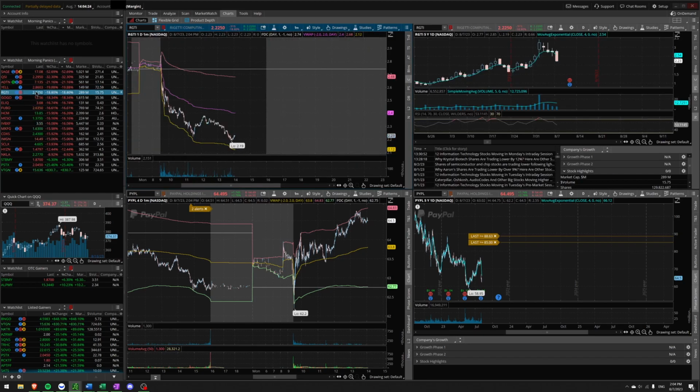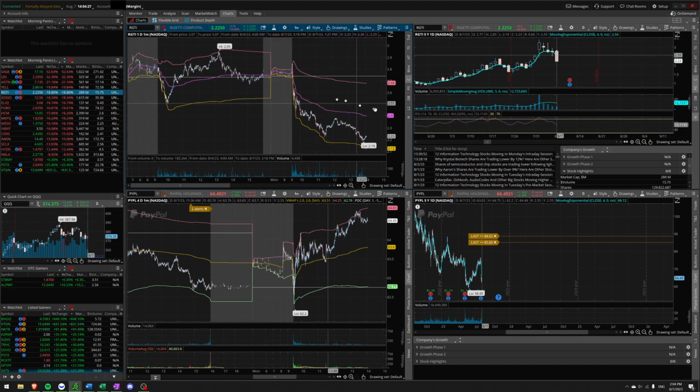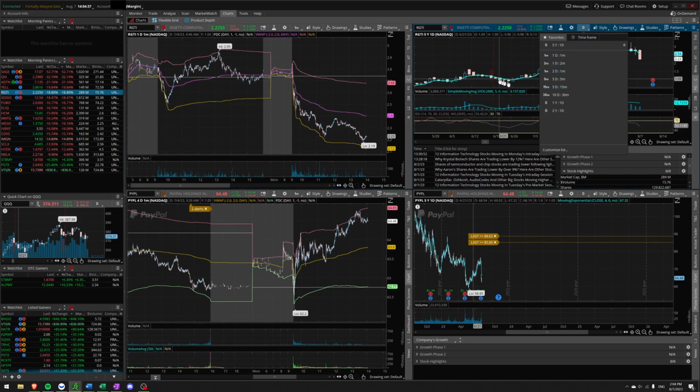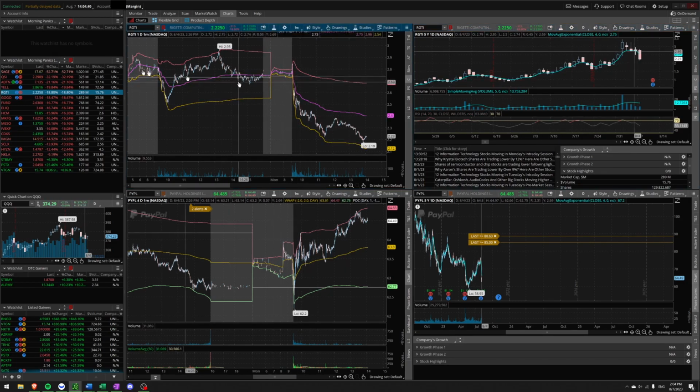RGTI, super cool. This one, see what you got. I don't know. Something about these wicks that I don't like. Let me see. I think this is pretty far away from being oversold.